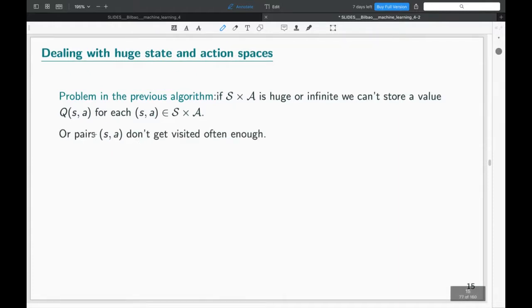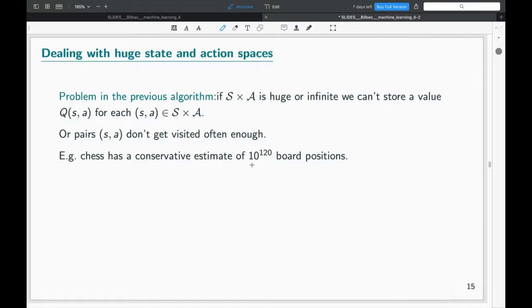Or we might be able to do it, but it might be so big that the pairs (S,A) don't get visited often enough, because there are so many pairs that it takes forever to visit the same pair two times. For example, you can think of chess, which has an estimate of 10 to the 120 board positions, which is a barbaric number.